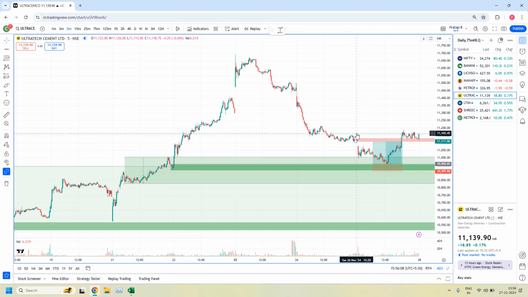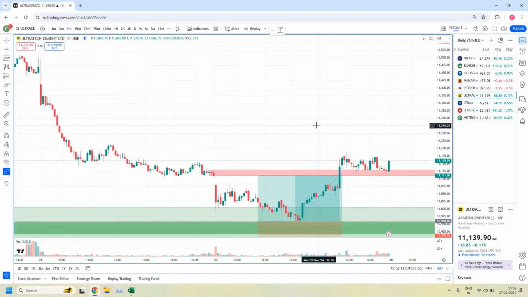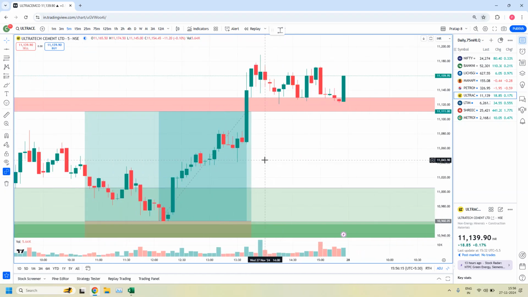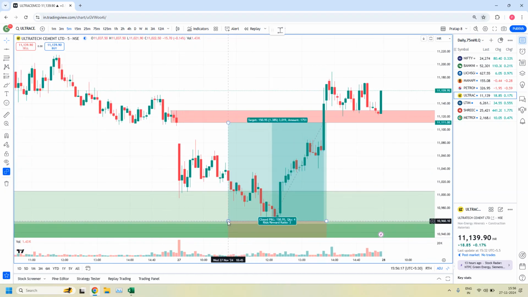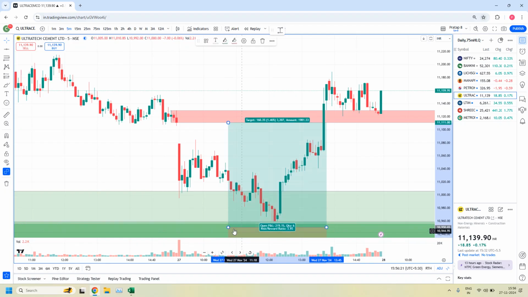What is the maximum expected risk? Only 2%. Because if the risk is beyond 2%, what you have to do? You need to reduce the risk by adjusting your entry. That means by reducing the price, you need to plan your trade.